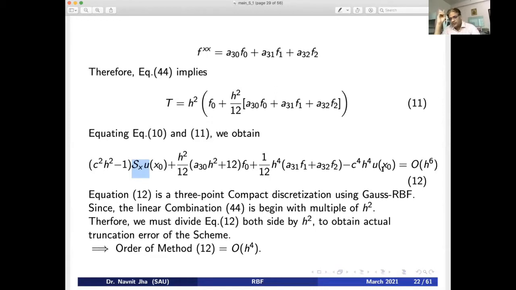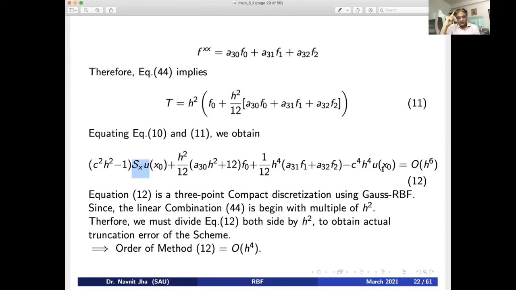I told you when I started the derivation that I have multiplied throughout by h square, and I told you why. This is just for my convenience in the derivation of the scheme. What kind of convenience do we expect? Because of division by h square in the second order derivative and division by h in the first derivative.